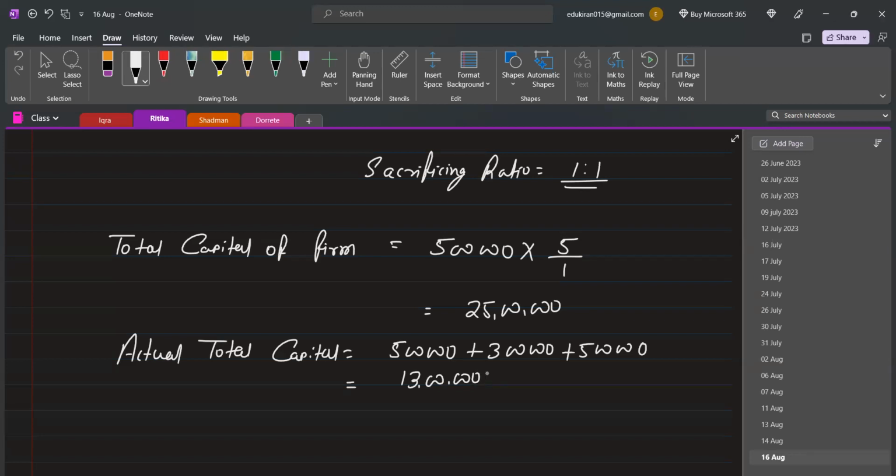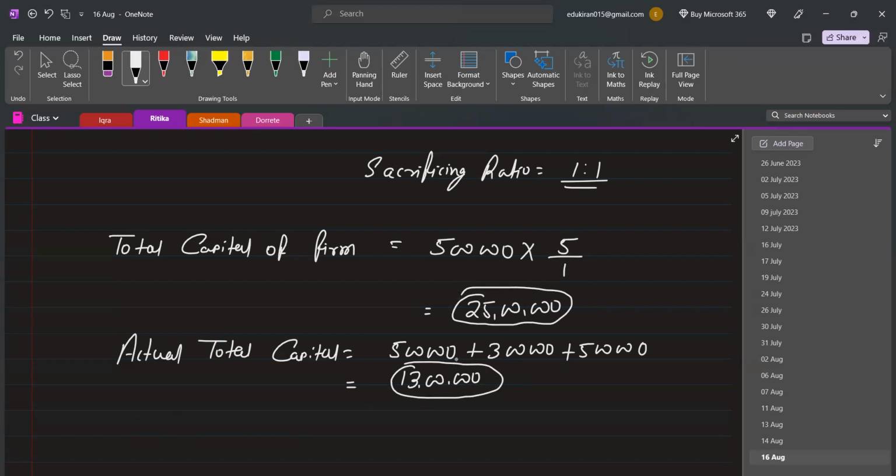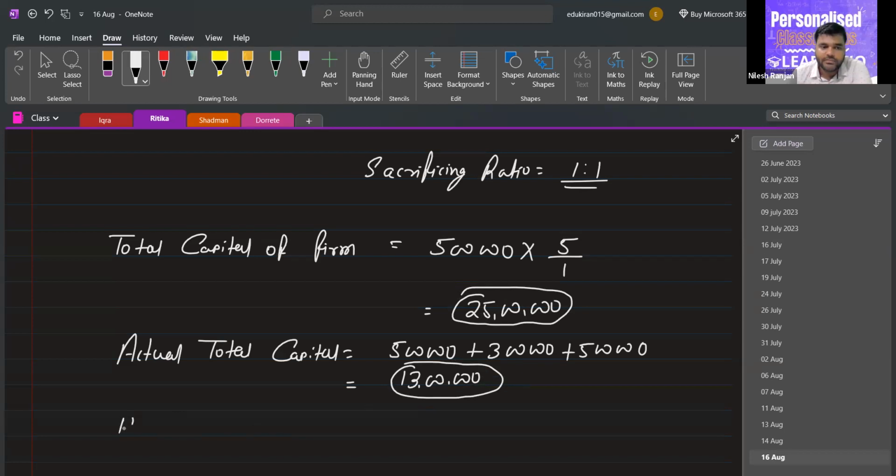Now, the total capital is 13 lakh, but as per the proportionate capital of C, the total capital should be 25 lakh. So the difference between these two is hidden goodwill: 25 lakh minus 13 lakh, it is 12 lakh.